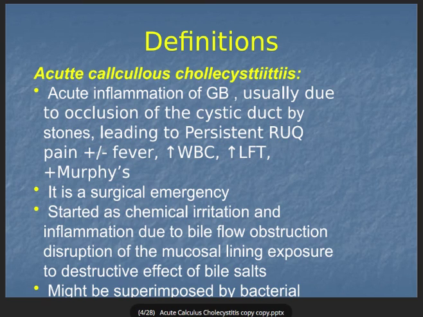However, if the stone gets a little bigger, and we'll talk about the causes soon, then while going through the cystic duct or at the beginning of it, it lodges and blocks the way.